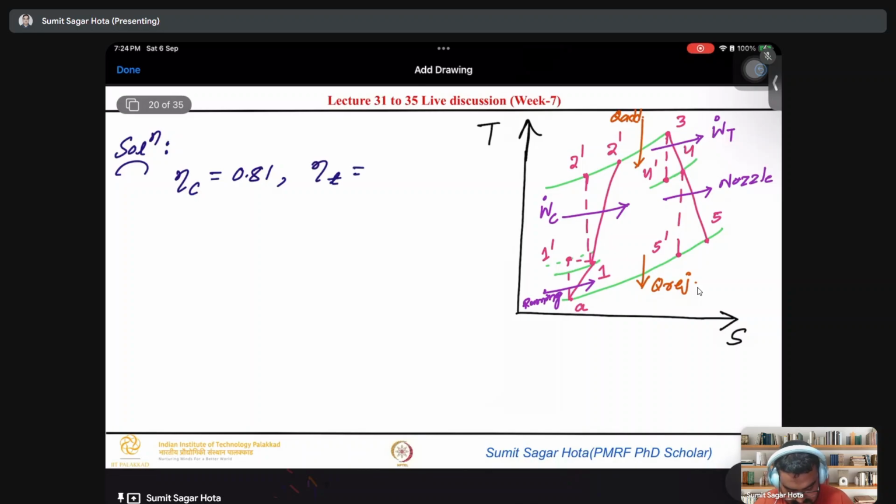Efficiency of the turbine 0.85. Efficiency of the nozzle 0.915.